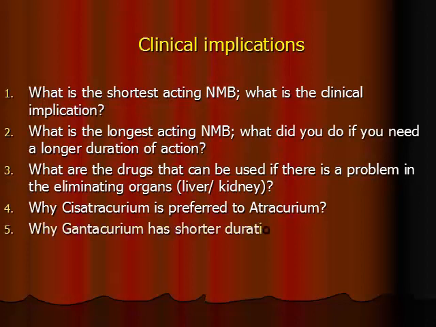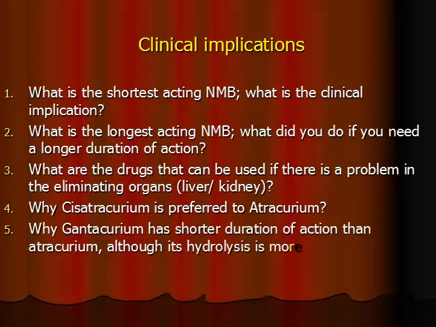Why does gantacurium have shorter duration of action than atracurium, although its hydrolysis is slower? The answer: gantacurium has shorter duration of action, since its action is terminated by cysteine adduction. The slow hydrolysis has nothing to do with the termination of action, though it is needed to get rid of the drug later on.